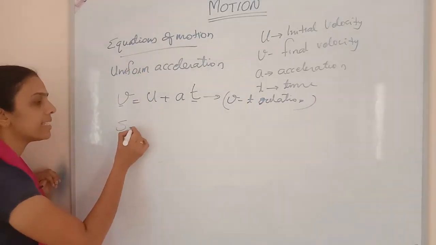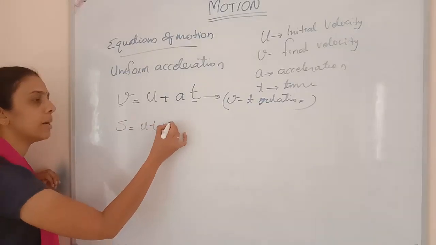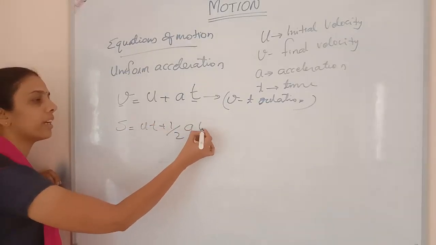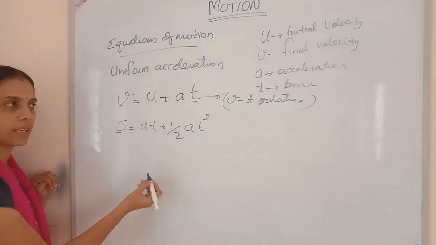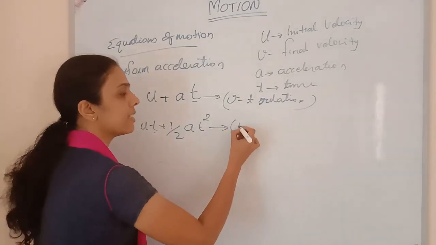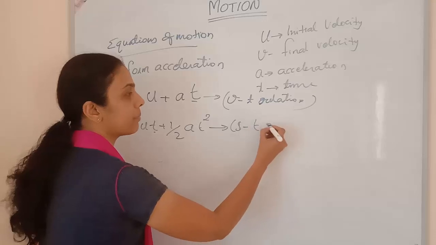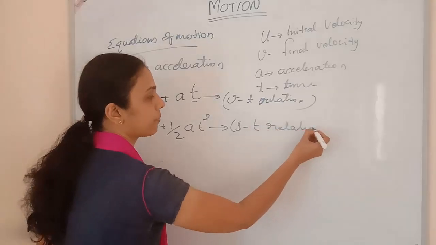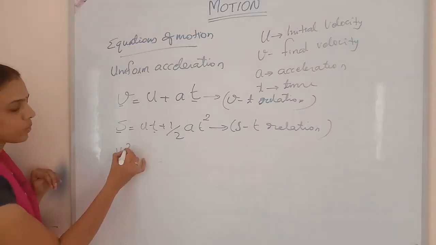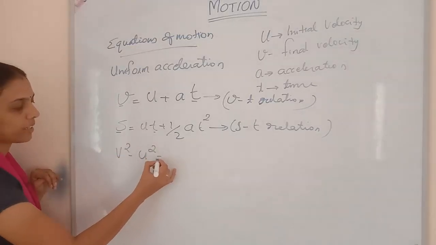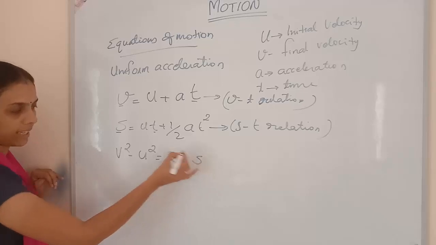Next is s equals ut plus half at square. Displacement and time are there, so we can write it as the displacement-time relation. Next is v square minus u square equals 2as.